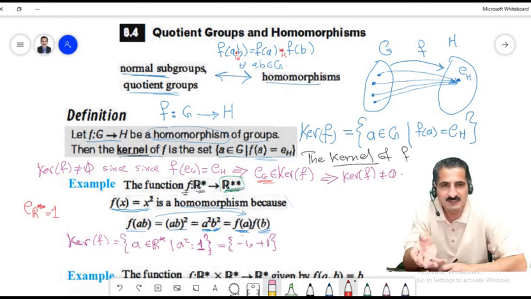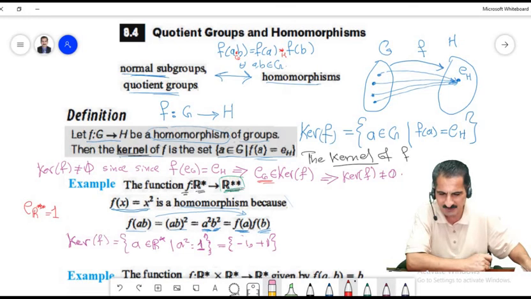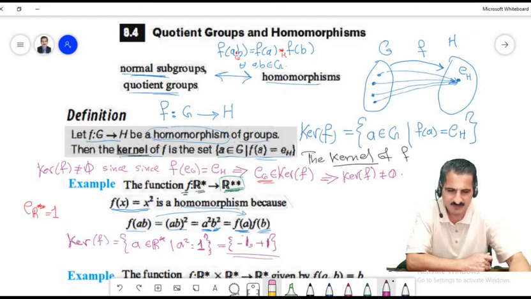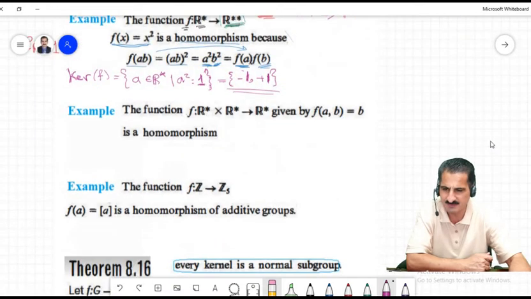But f of x equals x squared is not 1-to-1. So when I put 0 in there and got the kernel to be 0 only, I stopped for a while. Was something wrong happening? Thank you for bringing my attention here. The identity is not 0. The identity is 1. So the kernel here consists of 2 elements. So let's go and compute kernels of more examples.